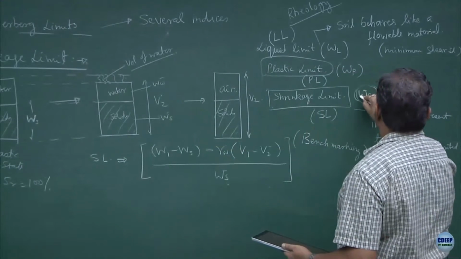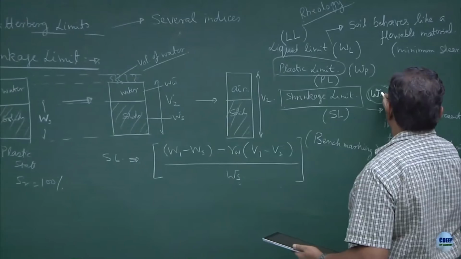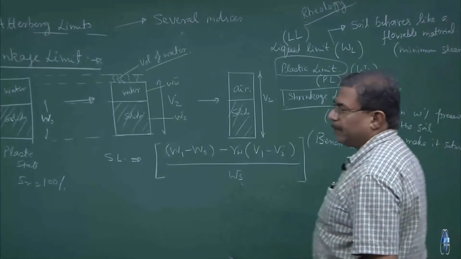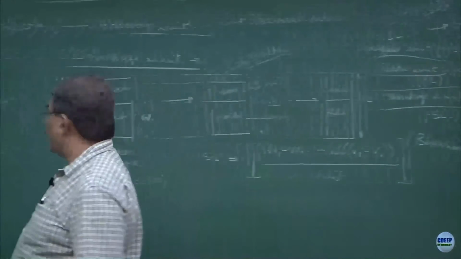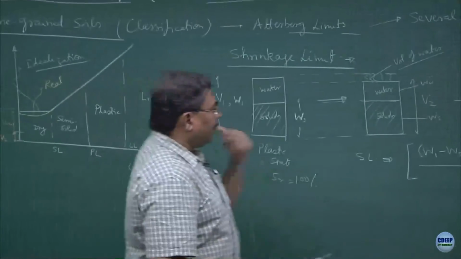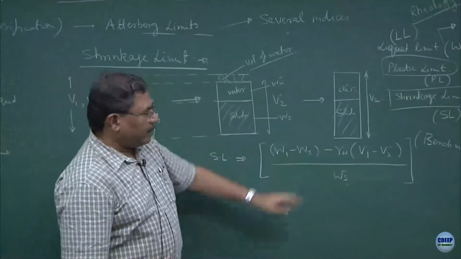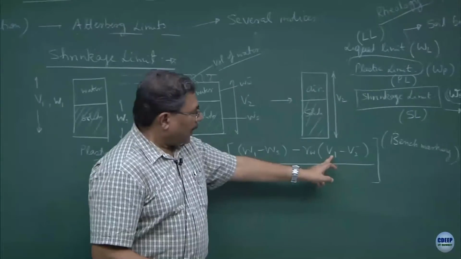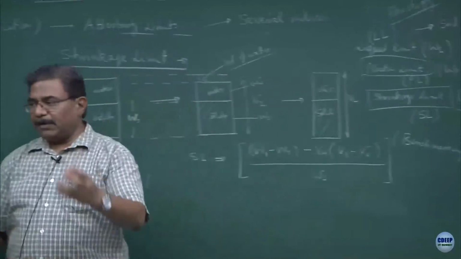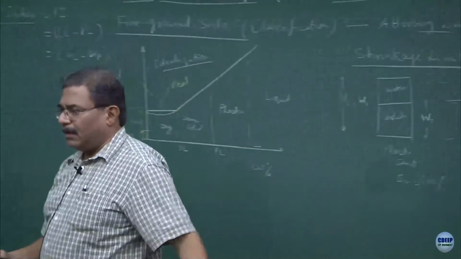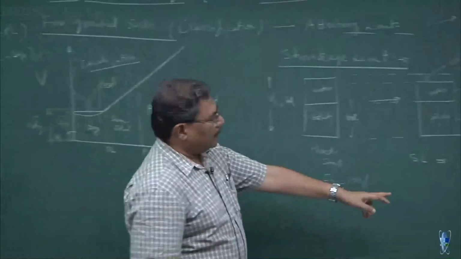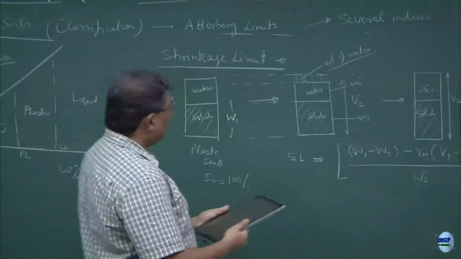So, whatever way you define, this is the shrinkage limit, alright. So, I can weigh W1, I can weigh Ws. I know the V1 and V2 by using the mercury pat, and the weight of the solids is known, I can get the shrinkage limit.